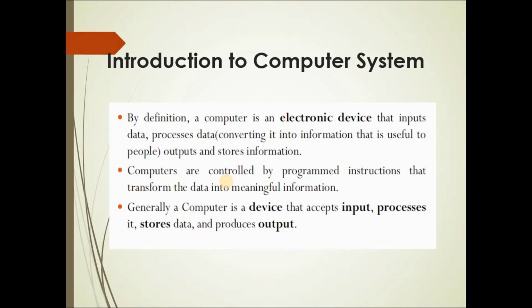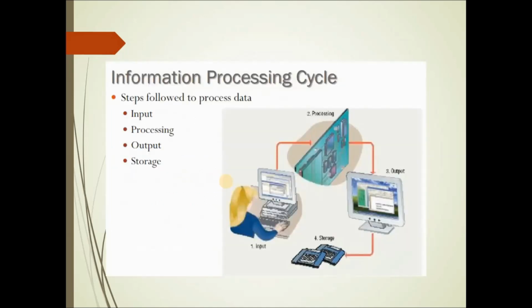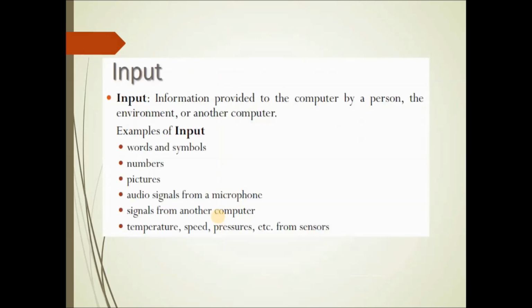Generally a computer is a device that accepts inputs, processes them, stores data and produces output. Information processing cycle. So how does a computer work? See the steps followed to process data: input, processing, output and storage. The user can input, the computer can process and give the output and can store.